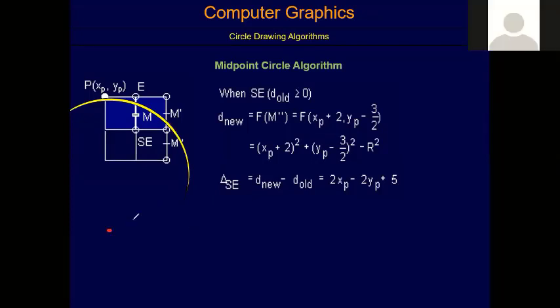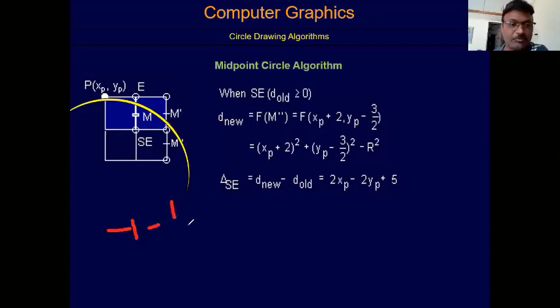It becomes minus 1 by 2 minus 1, again minus 1 by 2, which equals minus 3 by 2, because this is your yp. So you have to put this minus 3 by 2 in yp.